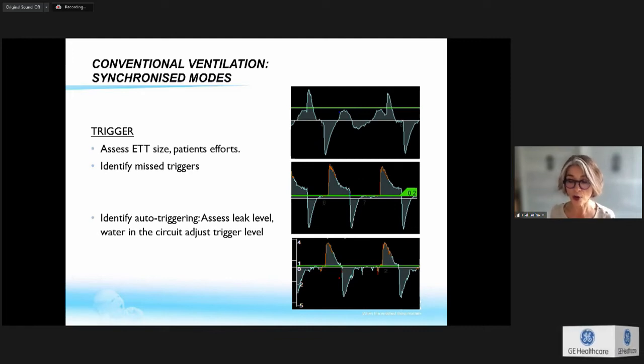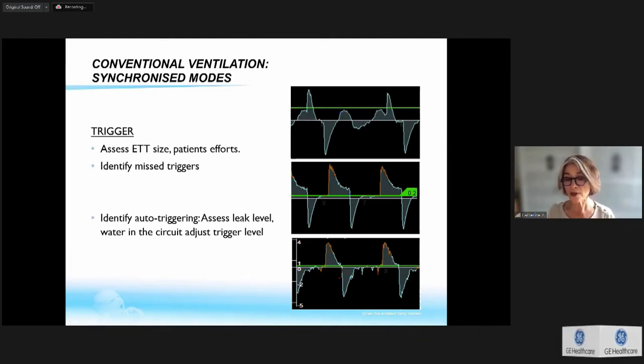If I want to use a mode where I synchronize with the patient, I definitely have to set a trigger. When you use the ventilator and you have the flow trigger, it means that the flow trigger is a green line that you see here on the flow waveform. When the patient takes a breath, he drops his pressure.